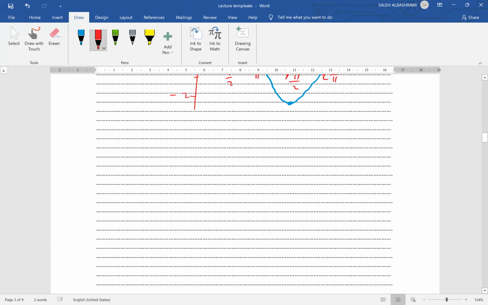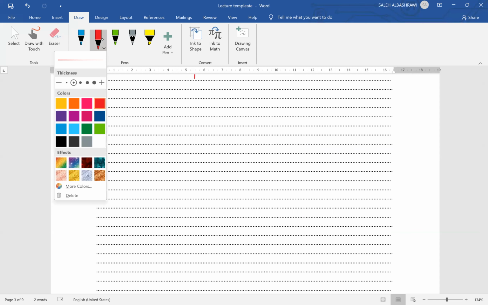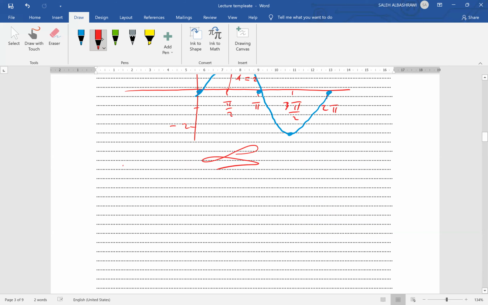Let's take another example, example number 3. Graph y equal sine 2x. I want to graph this sine 2x.